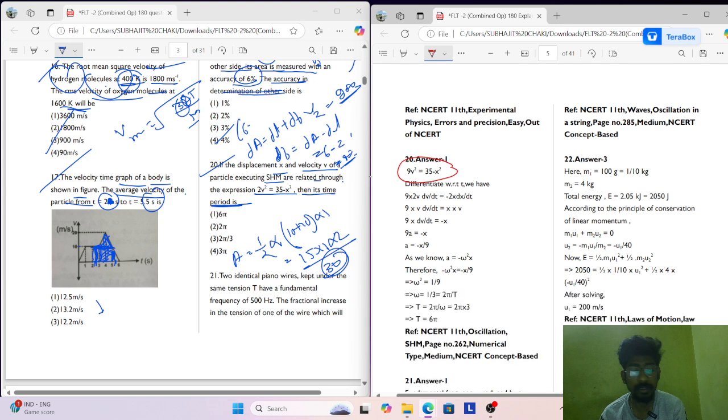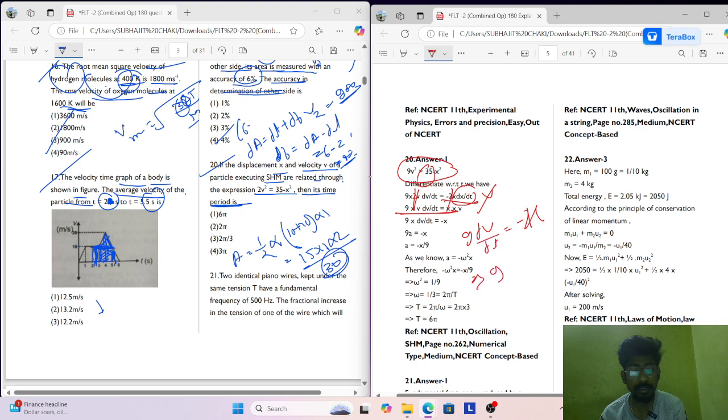This will be 9 into 2v dv by dt, minus 2x dx by dt. 35 is a constant, so its derivative is 0. Now this 2 will cancel out. dx by dt is equal to v, so v and v will cancel out. So 9 dv by dt equals minus x.